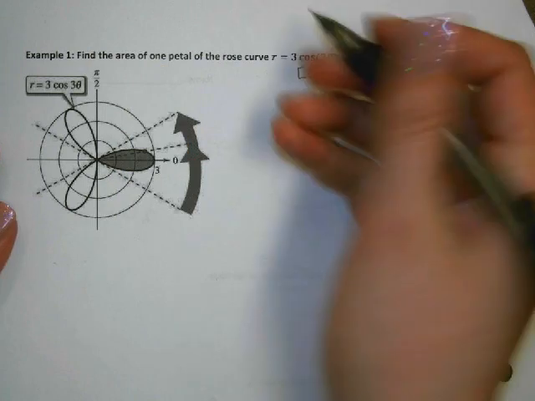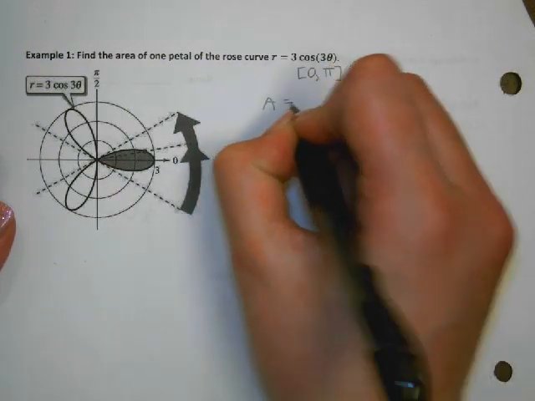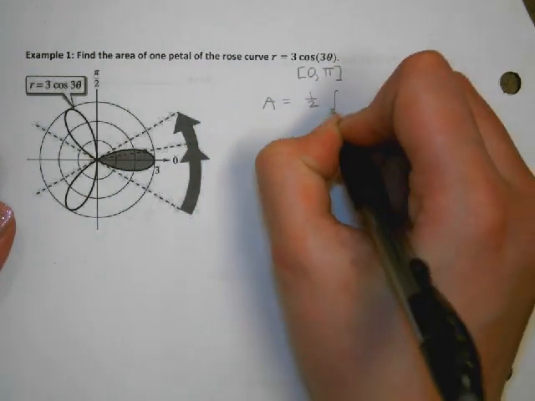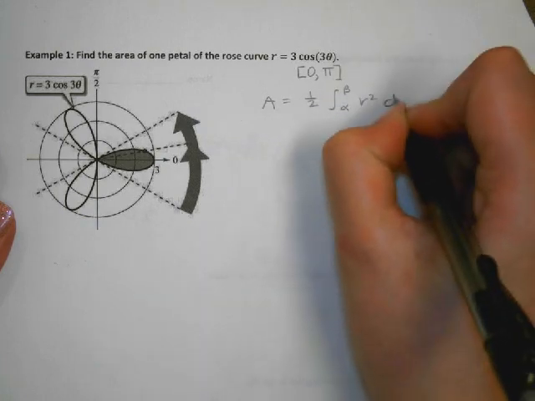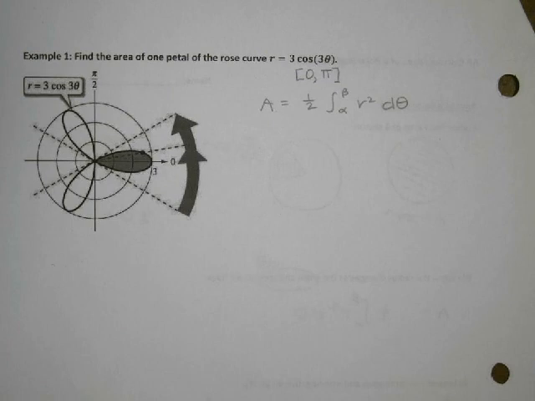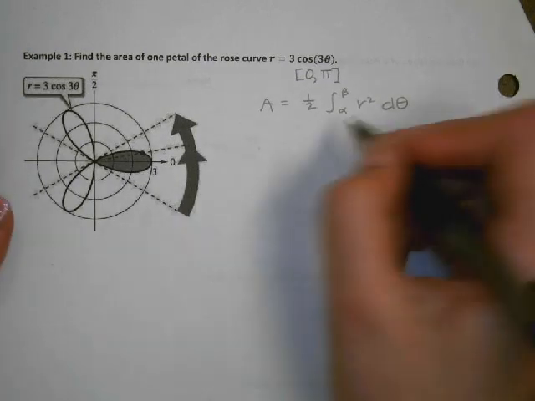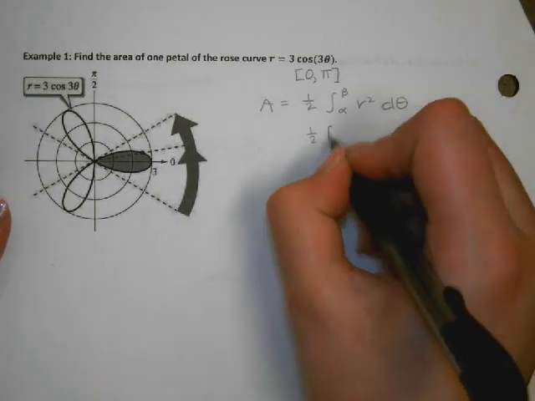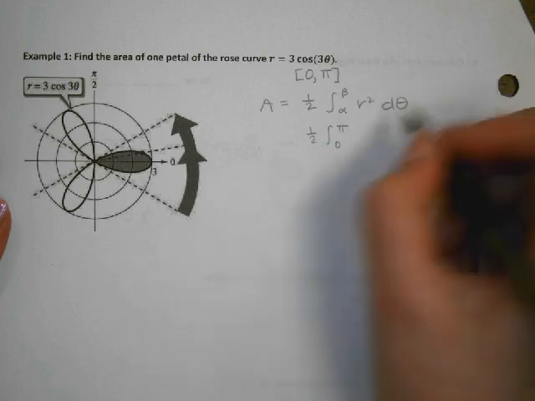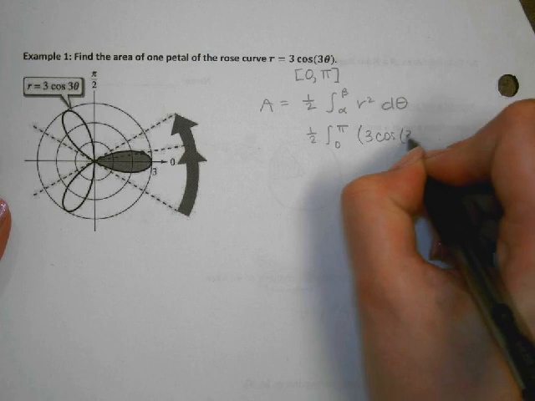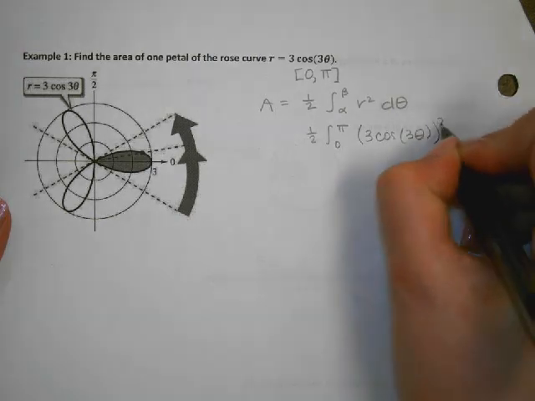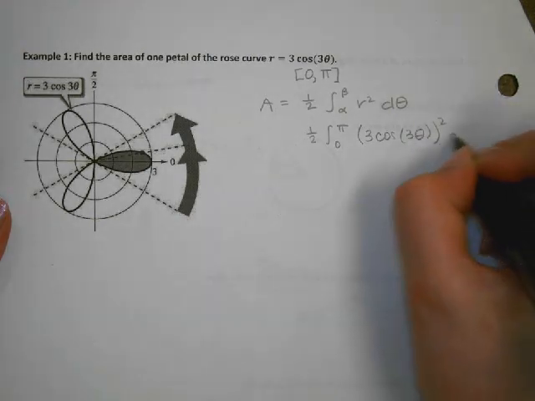I know that the area formula is 1/2 integral from alpha to beta of r squared d theta. So I'm going to say 1/2 from 0 to pi, and then r is 3 cos 3 theta, squared, so that's r squared d theta.